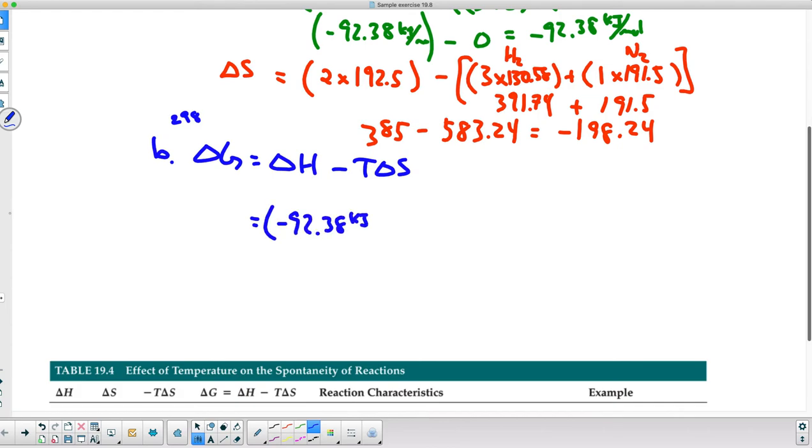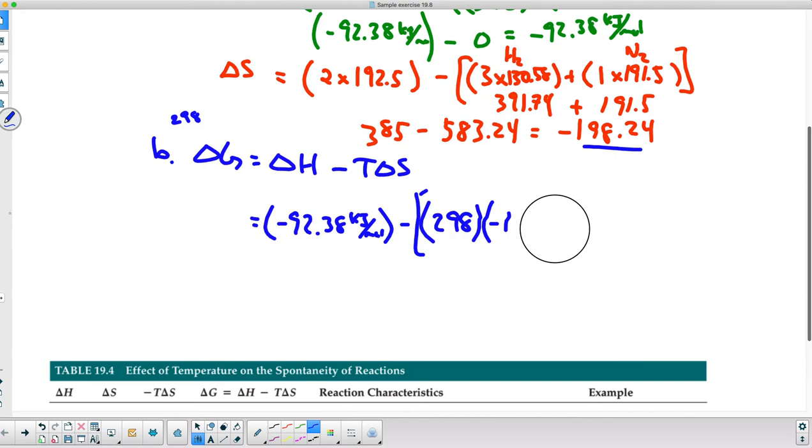This is kilojoules per mole, and it's important that we know that. Minus the temperature, 298, and then times the negative.